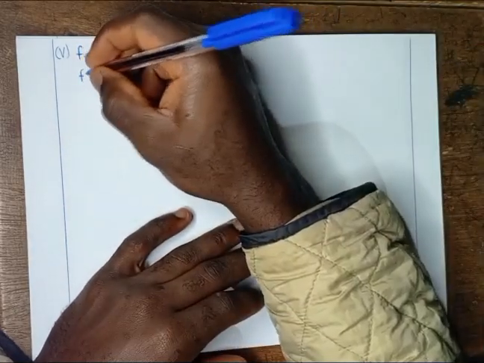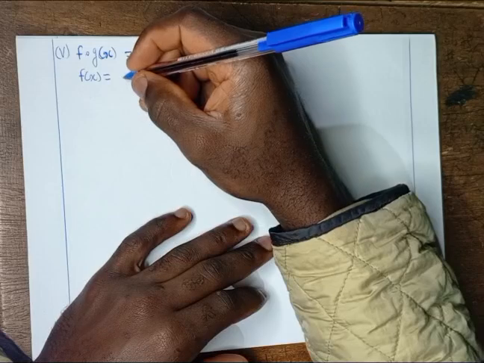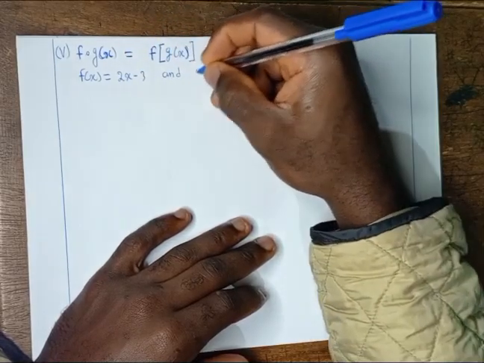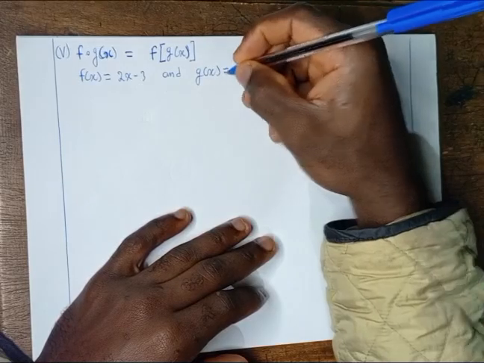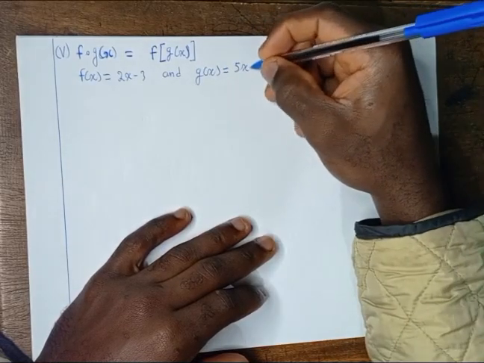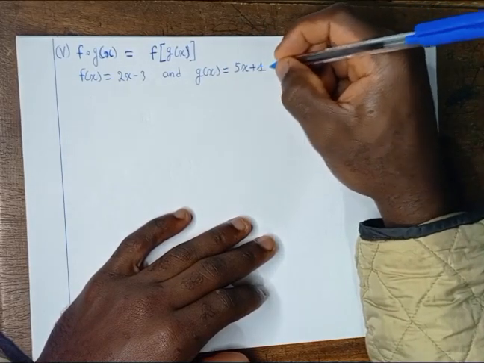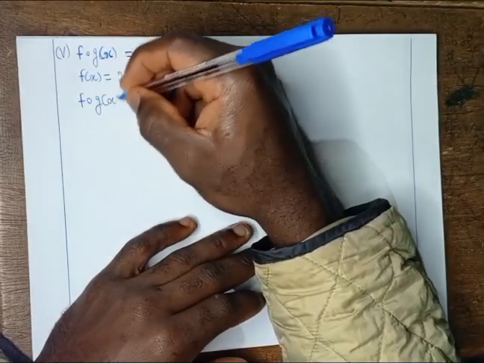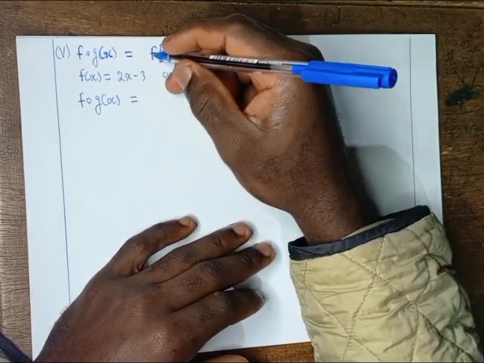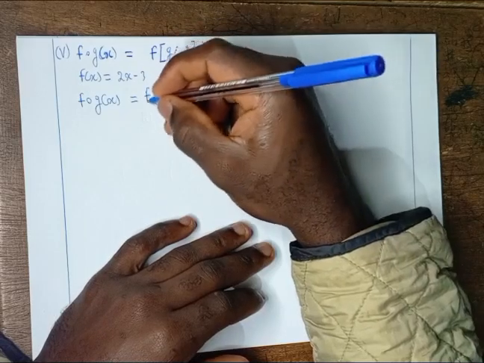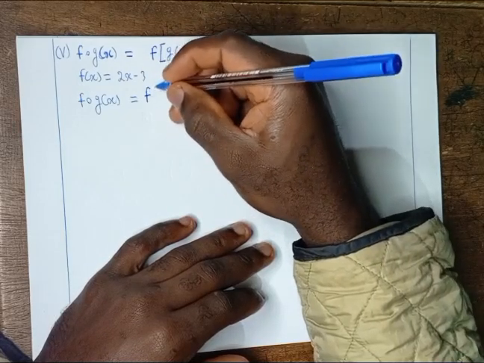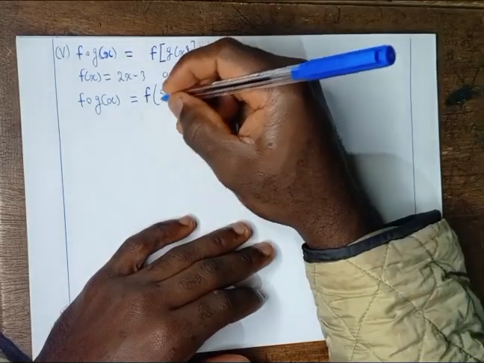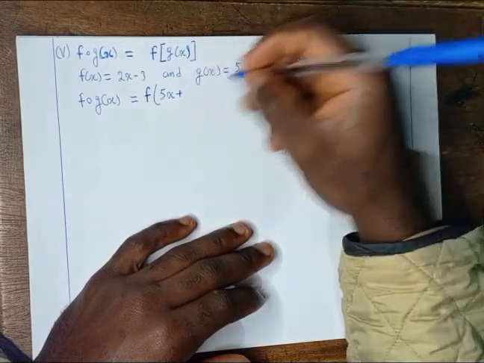We know our function f of x is equal to 2x minus 3 and our function g of x is equal to 5x plus 1. Now our function f of g of x will simply be equal to the function f of x, where anywhere I see x, I'll replace x with g of x. You know, g of x is simply equal to 5x plus 1.